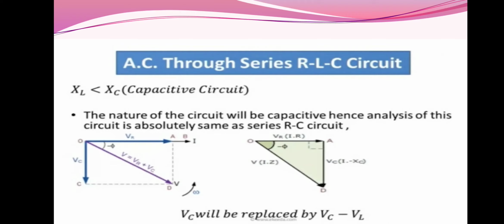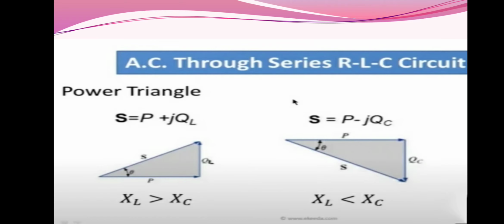VC will be replaced by VC minus VL. The nature of circuit will be capacitive, hence analysis of the circuit is absolutely same as RC circuit, because as capacitance is greater than inductance, capacitive reactance is greater than inductive reactance, the circuit behaves like RC series circuit. We have shown here vector diagram or voltage triangle.